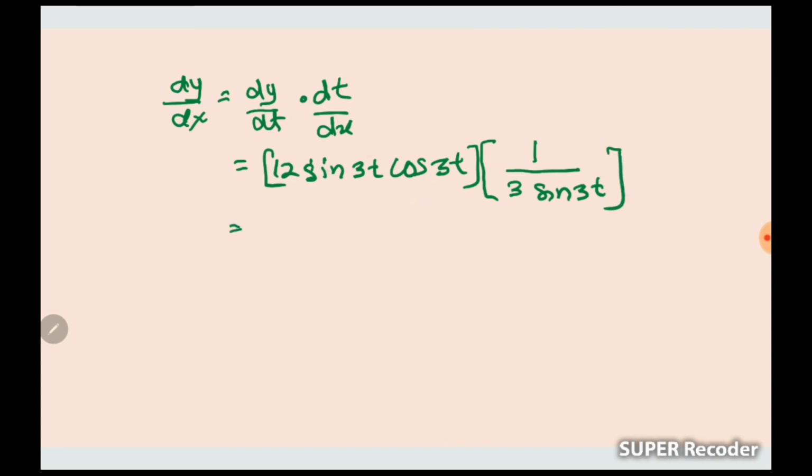We simplify by cancelling sin 3t. 12 over 3 is 4, so the answer is 4 cos 3t.